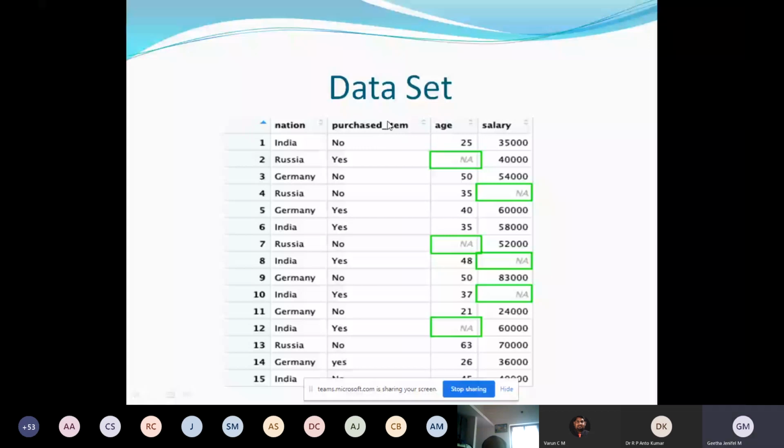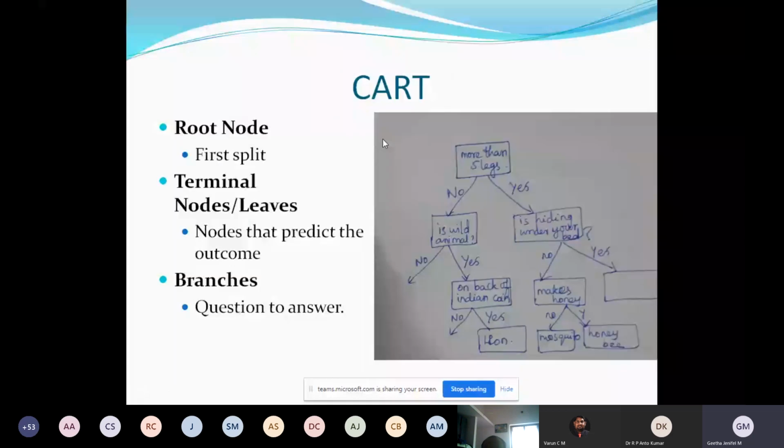Next one is the structure of the classification and regression trees. The classification and regression tree consists of a root node, terminal nodes, and many branches. First I'm going to tell about the root node. The root node is the node that performs the first split.